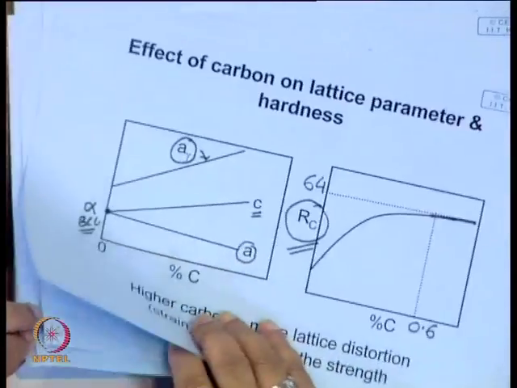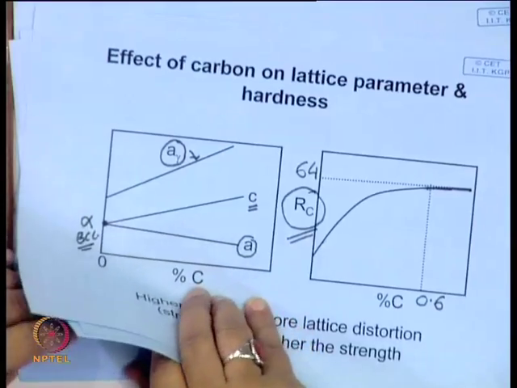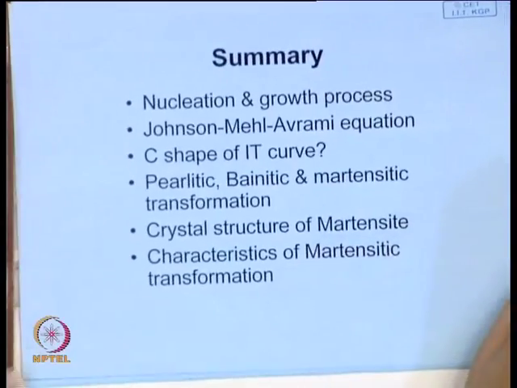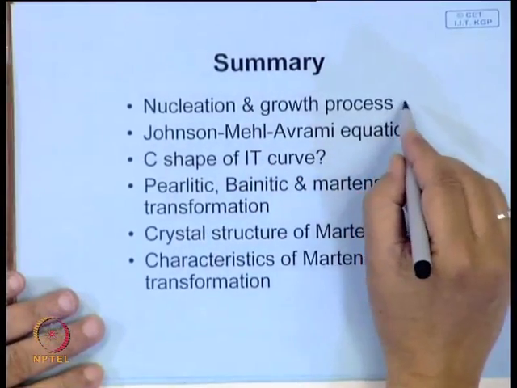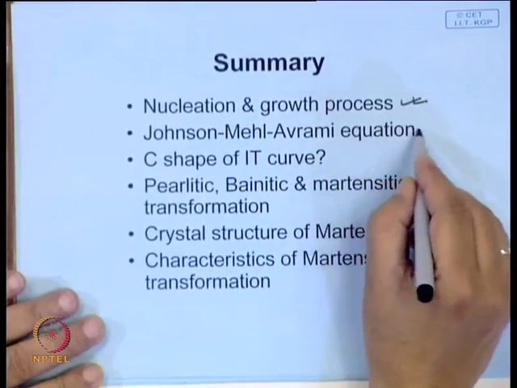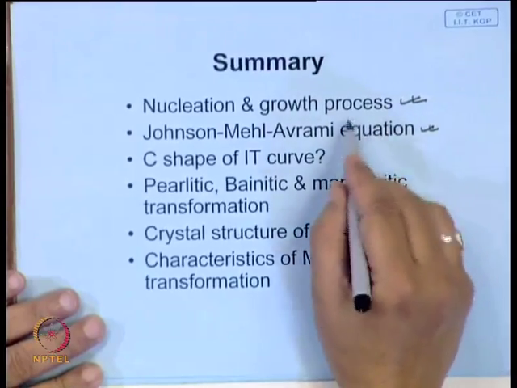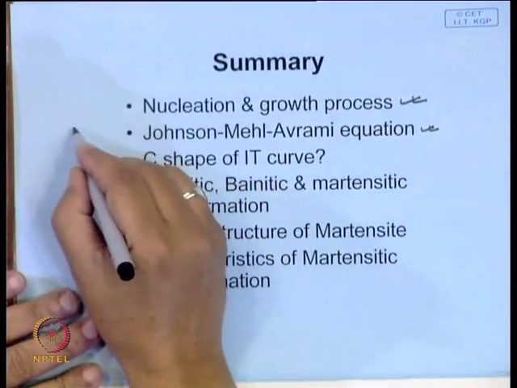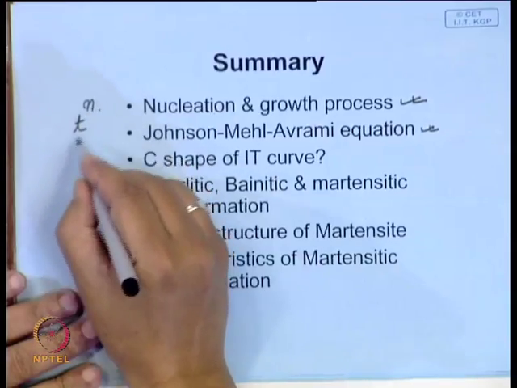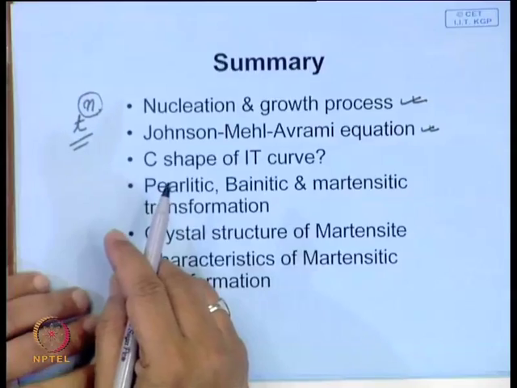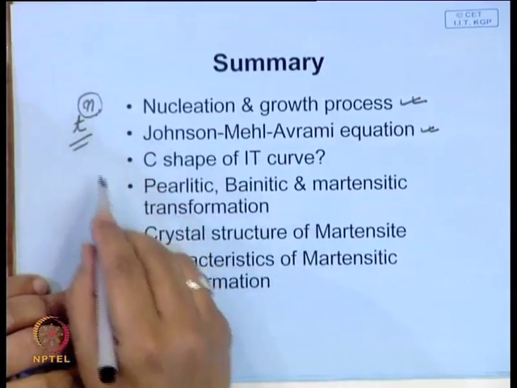Next class we will talk a little more about martensite and build upon that. And what we have done today, to sum up, let us see the summary. We looked at the nucleation and growth process critically. We derived the Johnson-Mehl-Avrami equation, and we have seen, based on the assumptions, that the time exponent changes, and this n is an indicator of the physical processes that control the transformation.